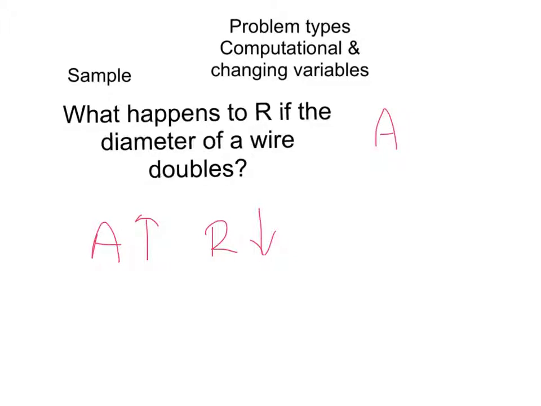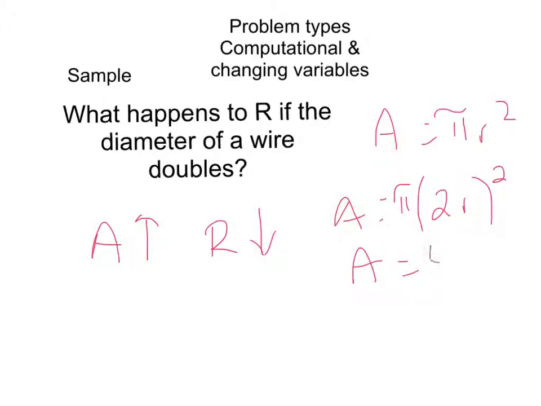Don't forget, area is equal to pi r squared. So therefore, if I double the diameter, I'm doubling the radius. Be careful with this one. It's pi times (2r) squared, so the area actually goes up by a factor of 4.